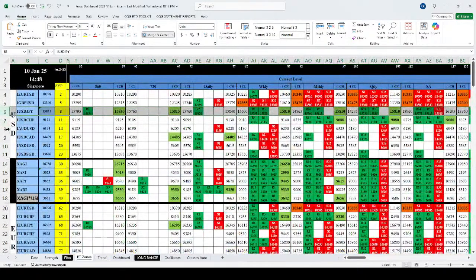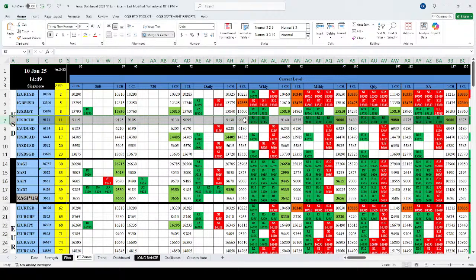So now let's look at the dollar Swiss. On the hourly is flat, daily is flat. Then the weekly we have 2 buying force, monthly is 3, quarterly. So this is again a mega buying force involved.